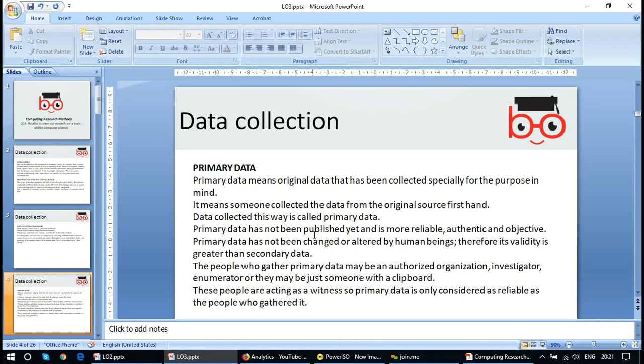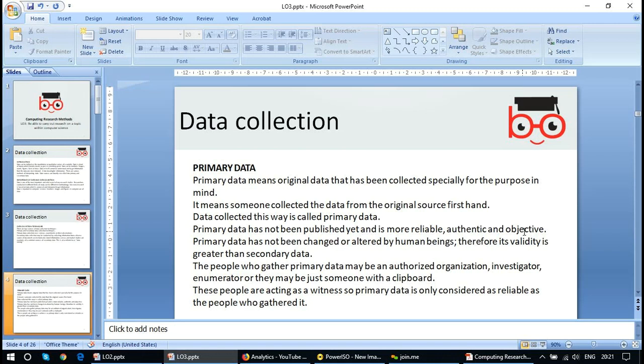Primary data has not been published yet, is more reliable, authentic, and objective. If you remember, your research becomes validated when it gets published.